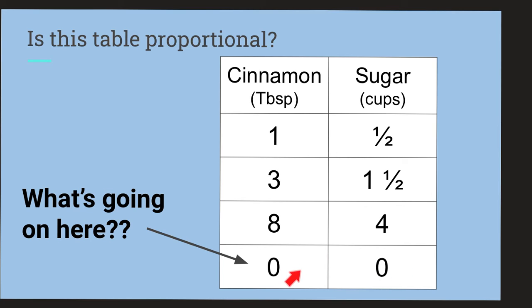Think of it this way. If you have 0 cinnamon, you would add 0 sugar because you wouldn't want to change anything. If you don't have any cinnamon, you won't have any sugar, you won't even make the recipe.